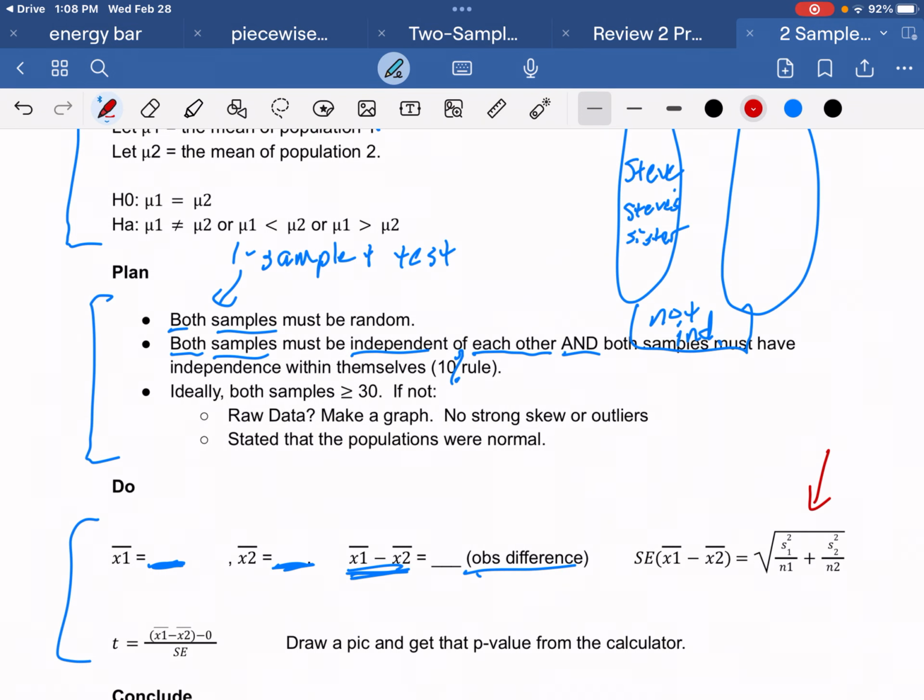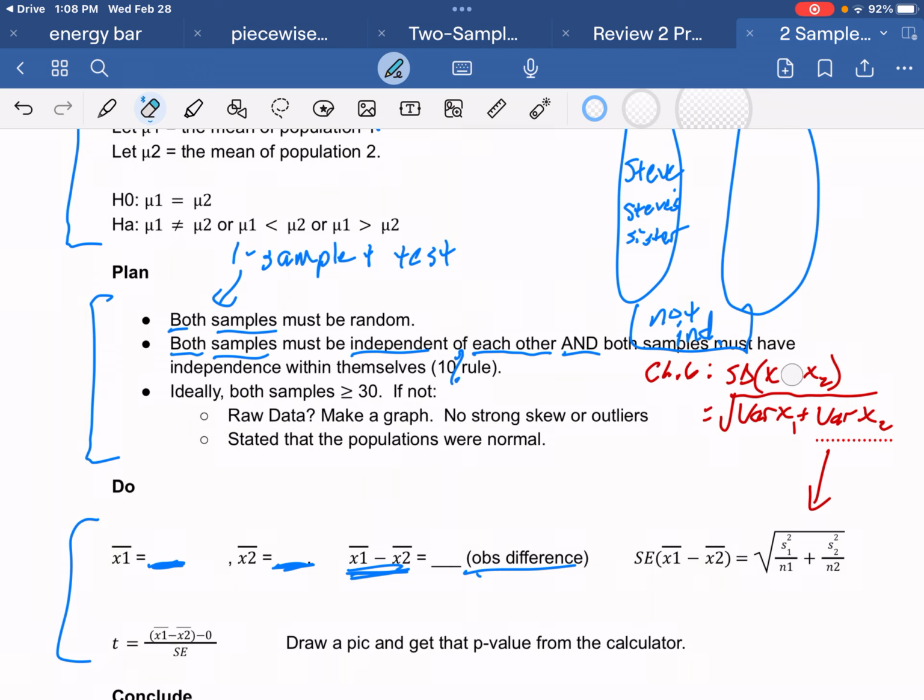Just watch this. Do you remember? Probably not. Way back when in chapter 6, we learned that the standard deviation of a random variable x1 plus a random variable x2 is equal to the square root of the variance of the first one plus the variance of the second one.